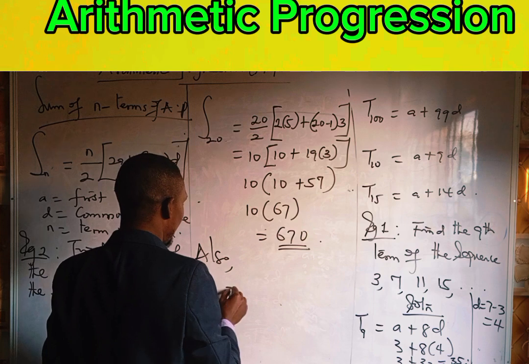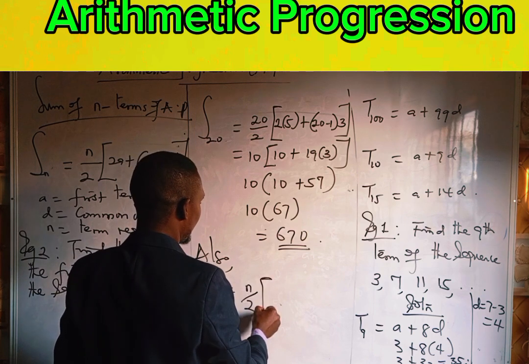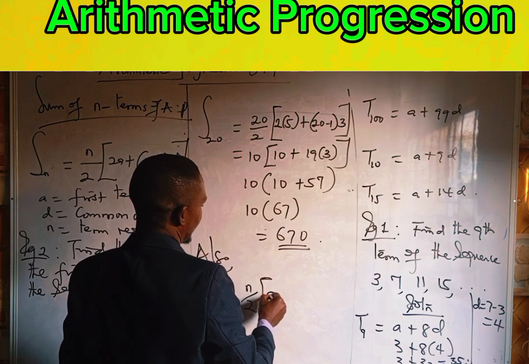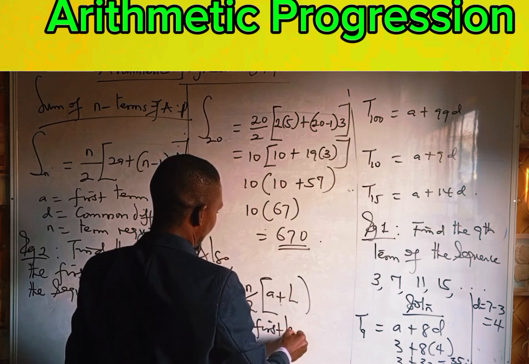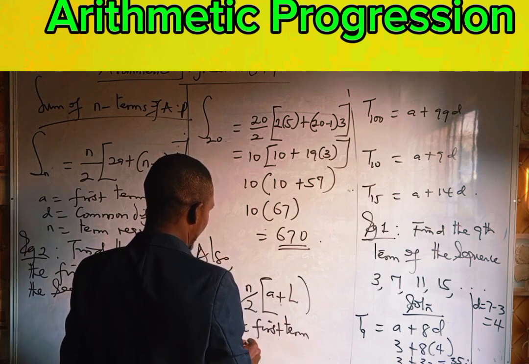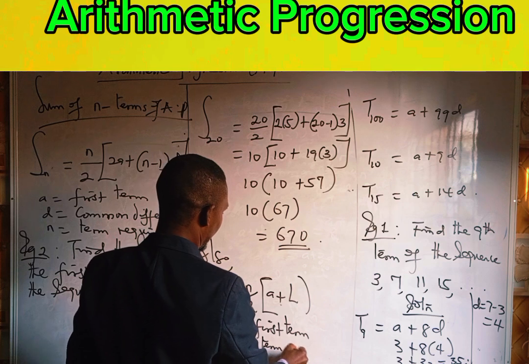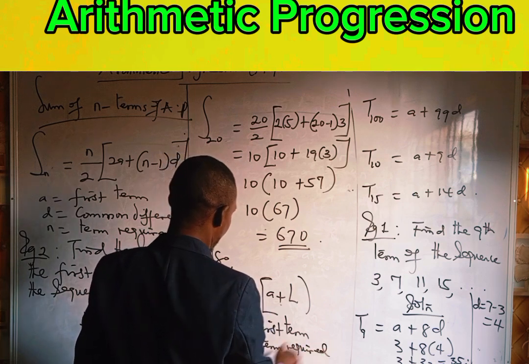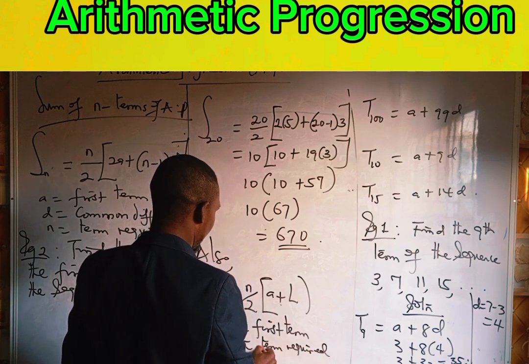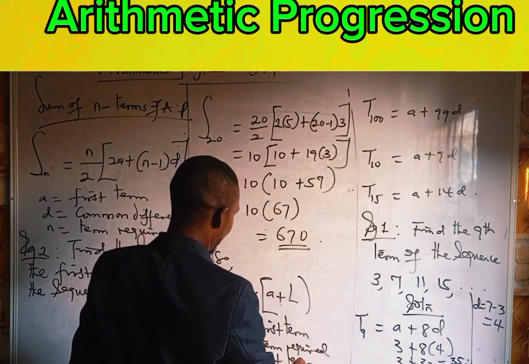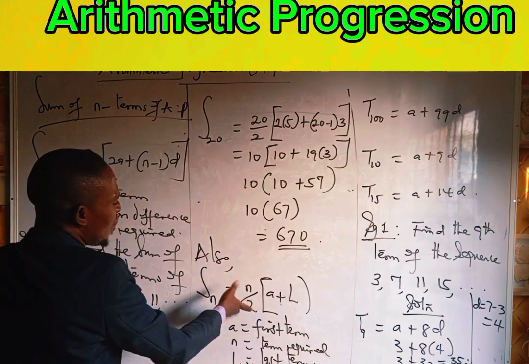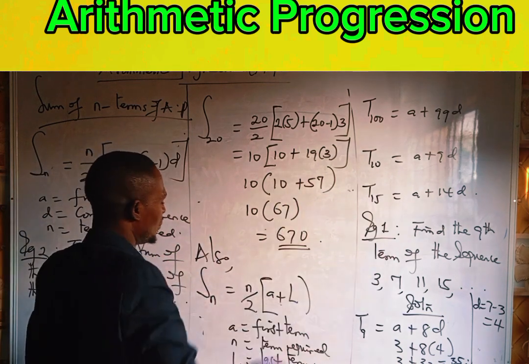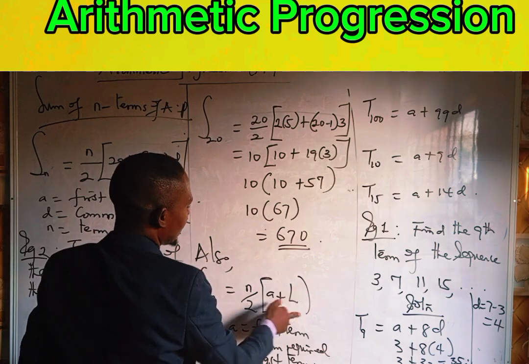S subscript n equals n over 2 open bracket a plus l, where a is the first term, n means the number of terms to be found, and l is the last term. This is one thing with maths: they will give you another thing. You use this formula when three things are known: the number of terms, the first term, and the last term.